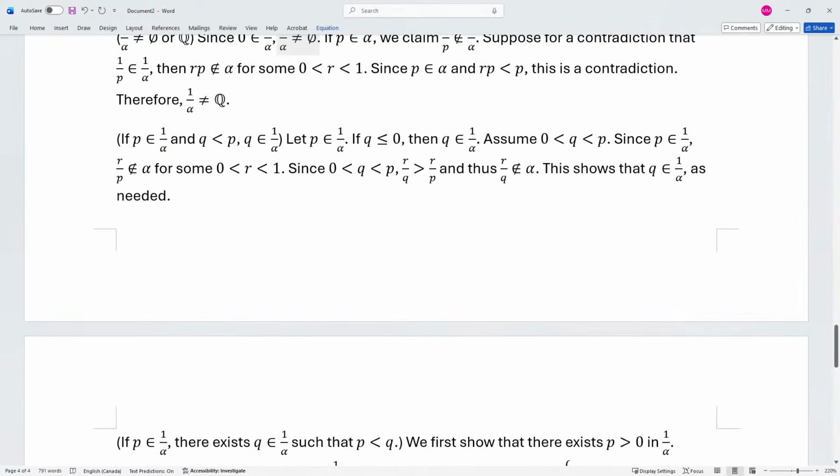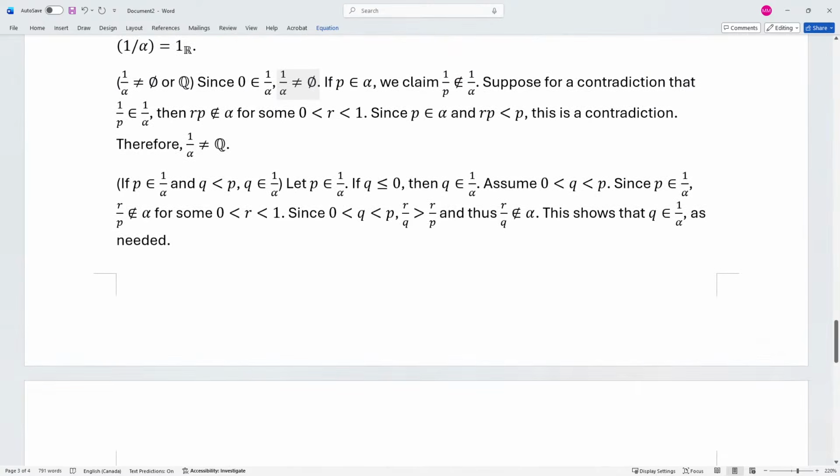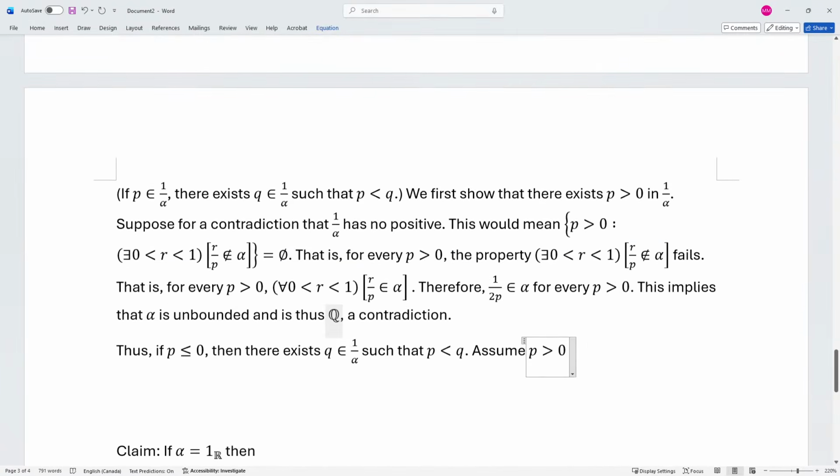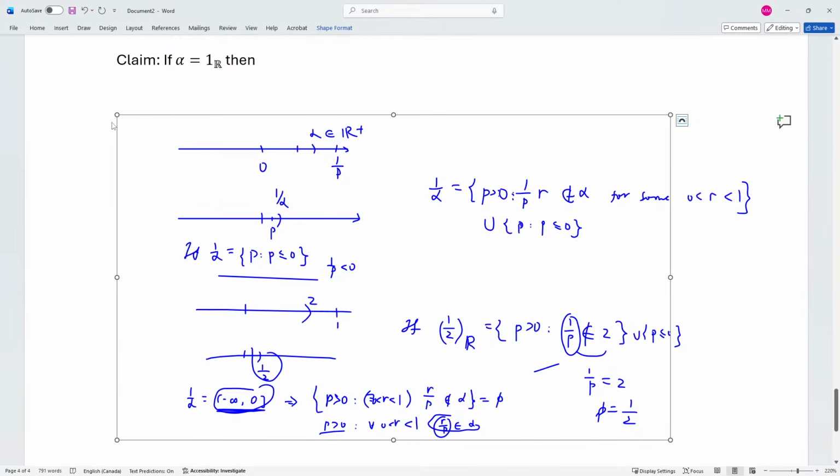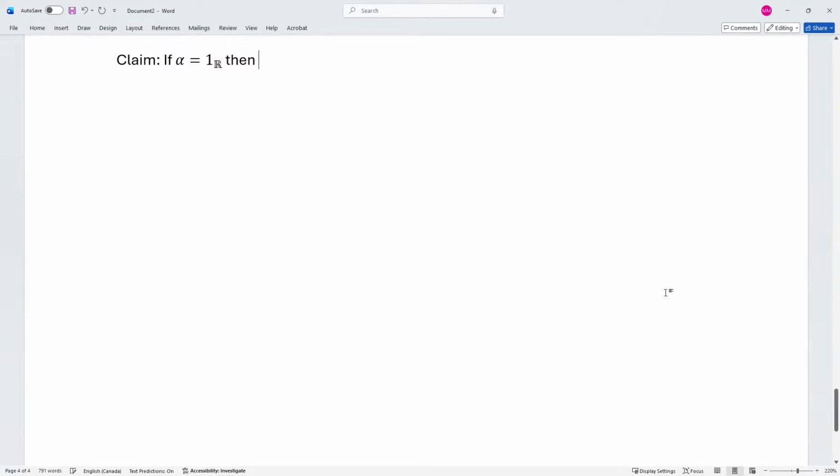Okay, so for that we assume that p is positive. Now we need to show there is something greater than p that is still in 1 over alpha. How do we do that? So go back to the picture. This is getting way too messy, so I'm going to delete everything here and redraw the diagram.